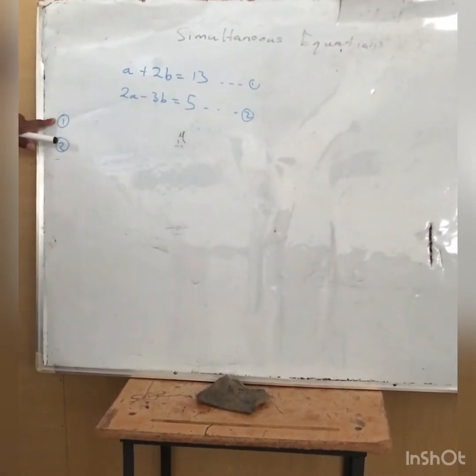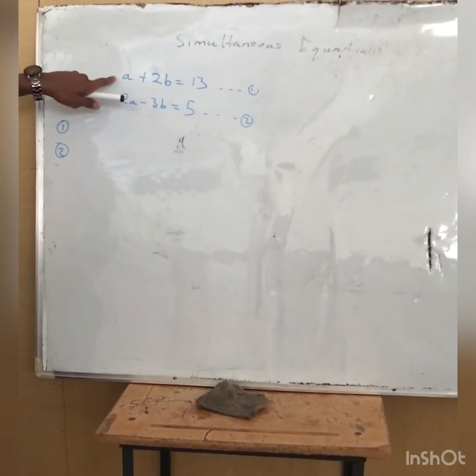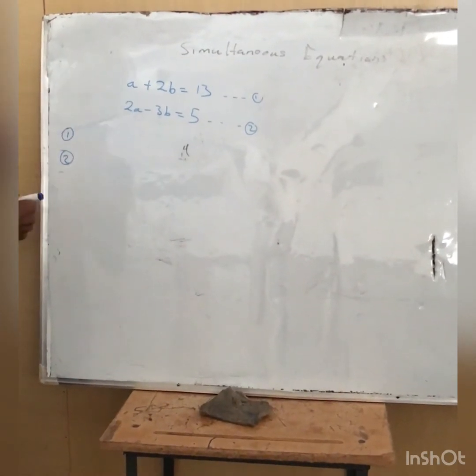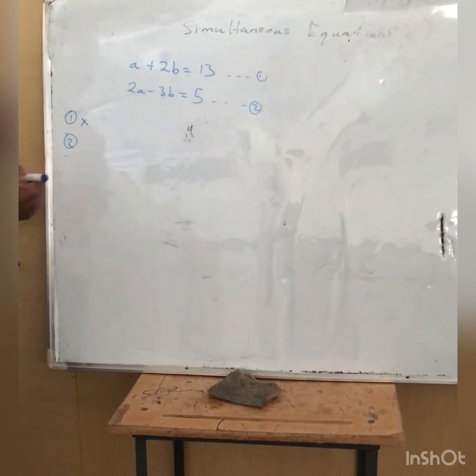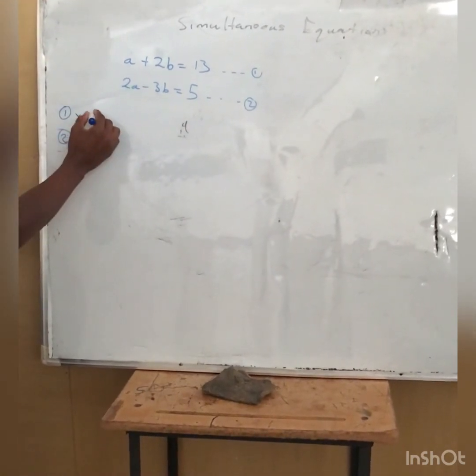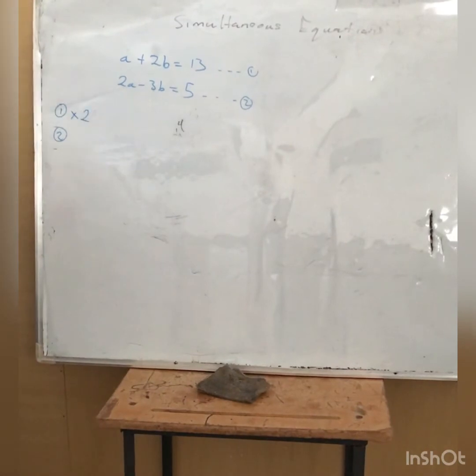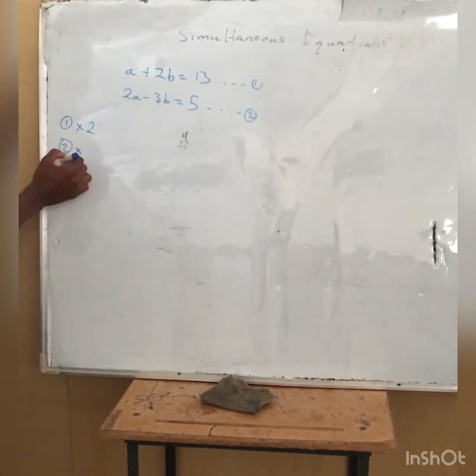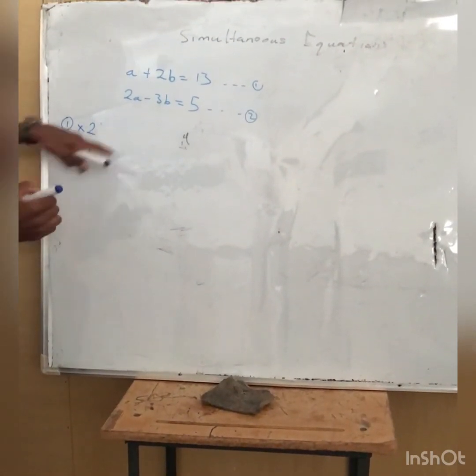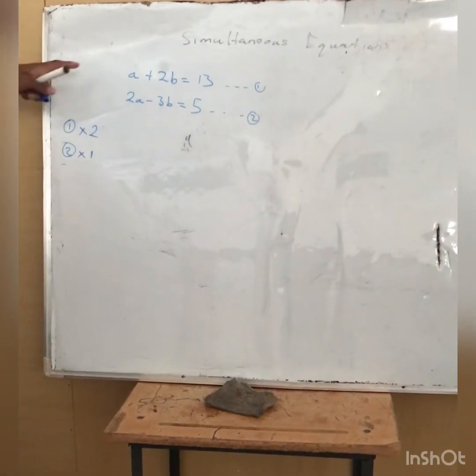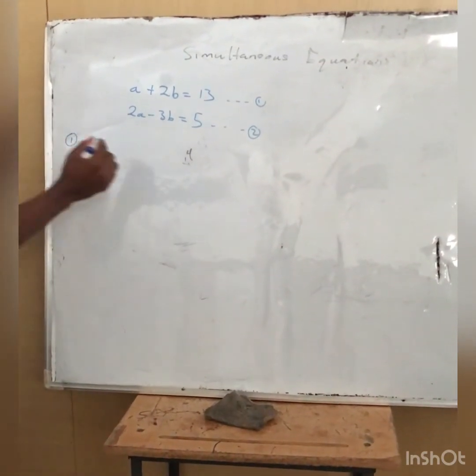So in this case, for equation 1, if I have to eliminate a, I have to multiply with the coefficient of a in equation 2. And for equation 2, I have to multiply with the coefficient of a in equation 1.